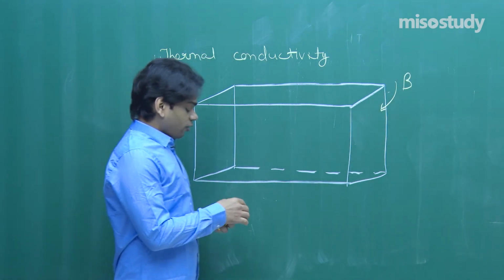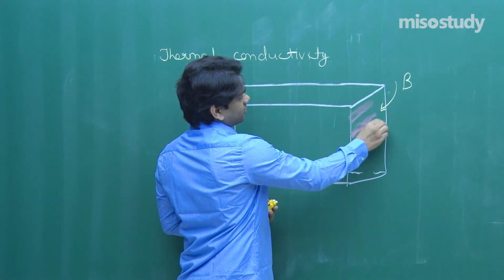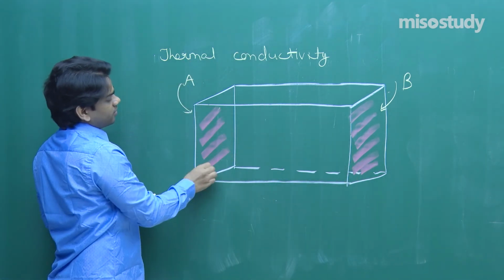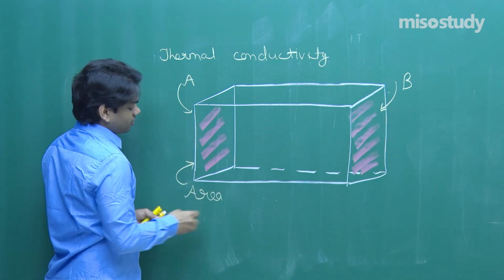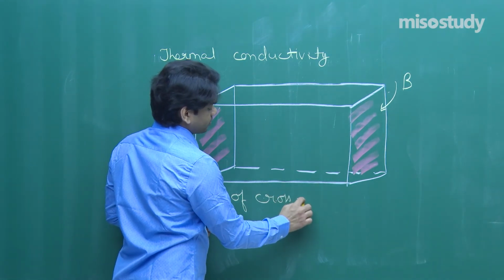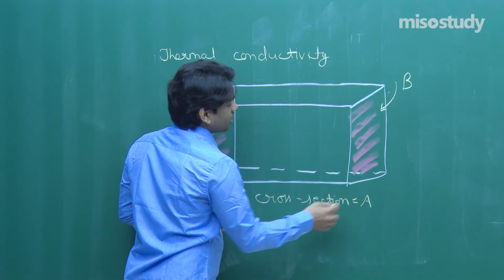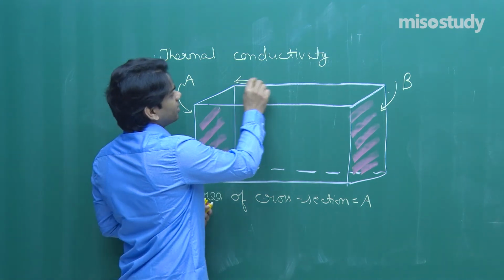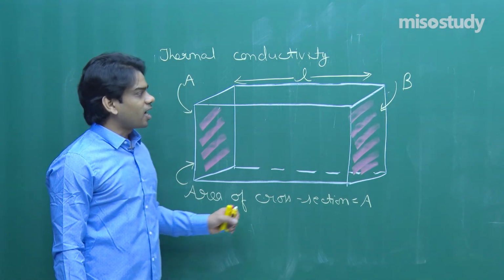Let's say the area of cross section of its face, this is kept constant, is given as A. A is the area of cross section that we have here. Now let's say the length of this object that we have taken is L. These are the dimensions that are provided to us.